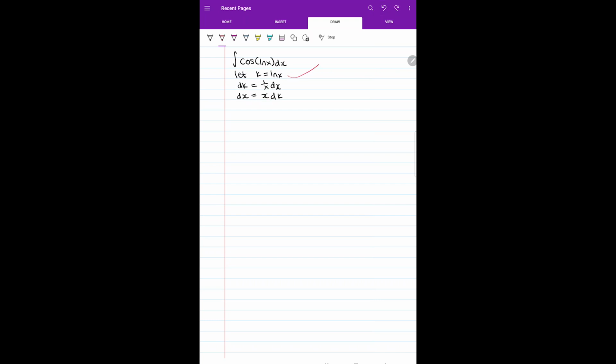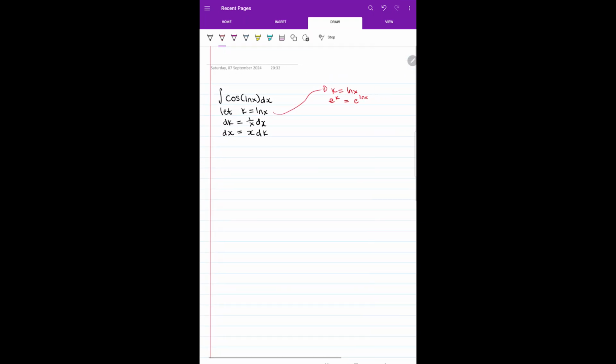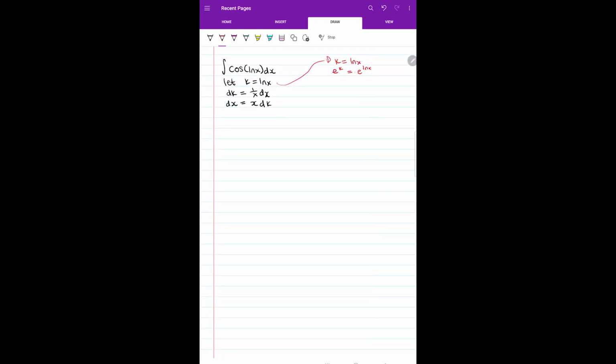And if we look here, if k is ln x, I could raise both sides by e, and because this is an equation, this is valid because we do it on both sides.